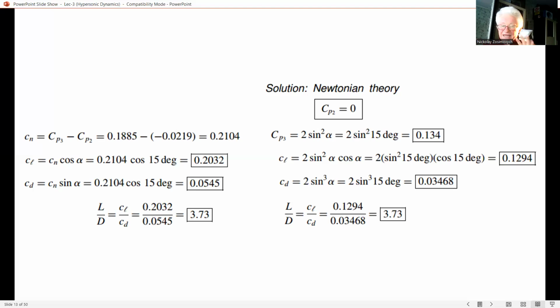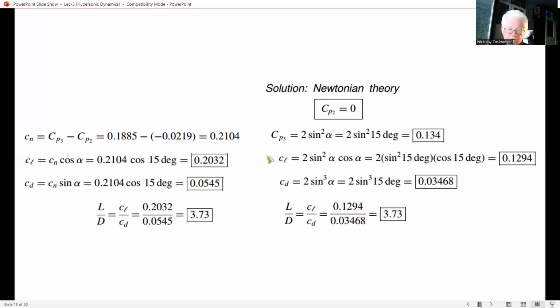So let's see the next solution according to Newtonian theory. According to this, for the upper surface of the plate, we may write CP2 equal to 0, right? Next, for the lower surface of the plate, we may write CP3 as 2 sine squared alpha. Given 15 degrees, we get this exact result. Okay?